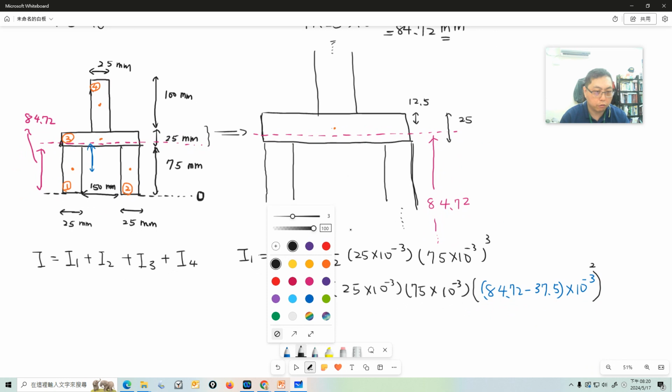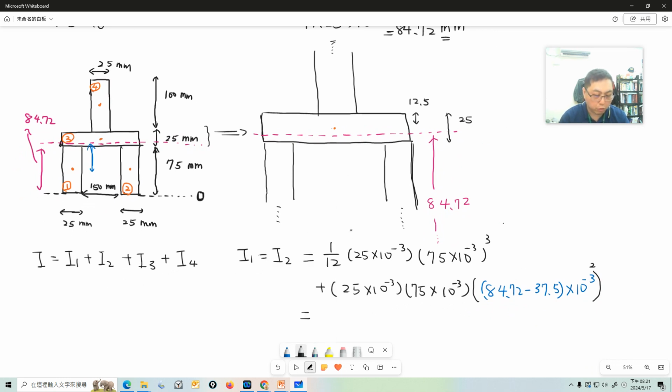If you use your calculator correctly, it will be 8.789 times 10 to the power minus 7, plus 1.875 times 10 to the power minus 3 times 2.230 times 10 to the power minus 3.